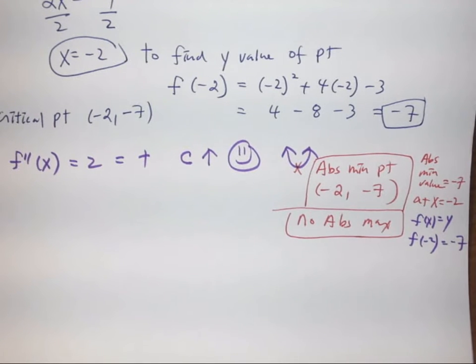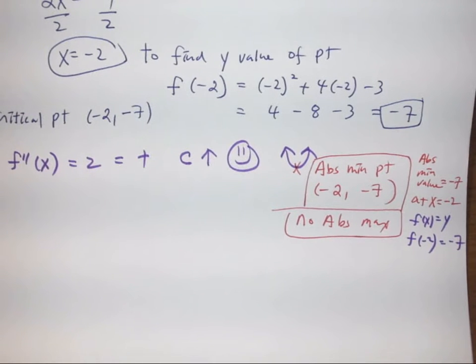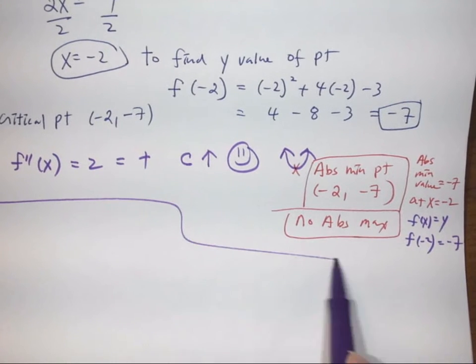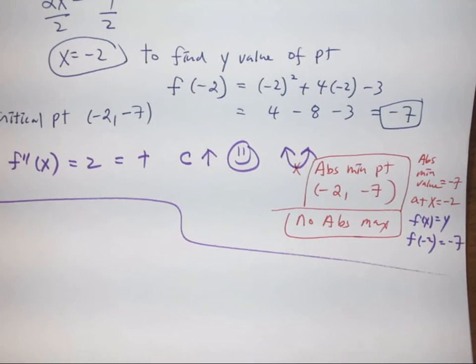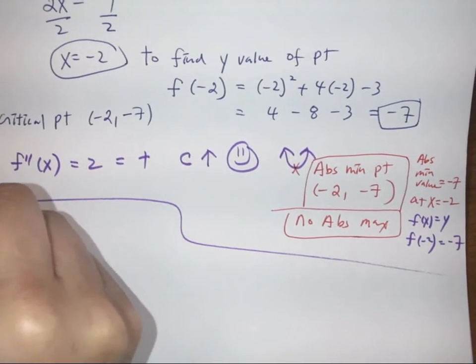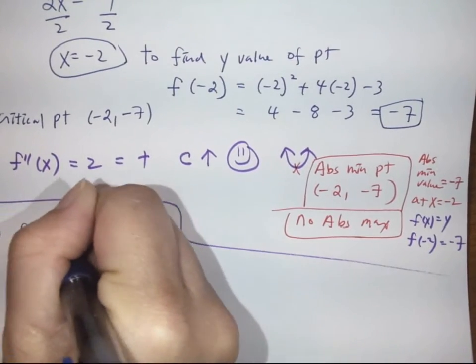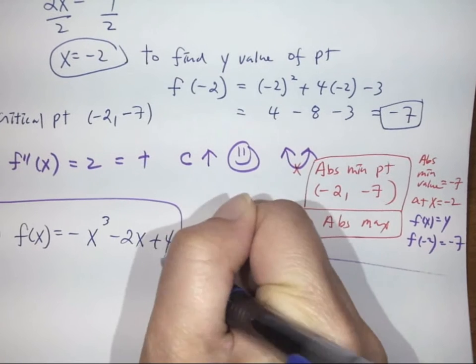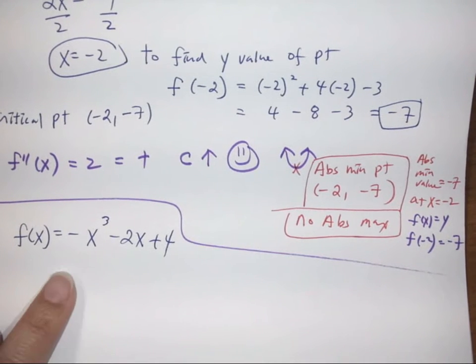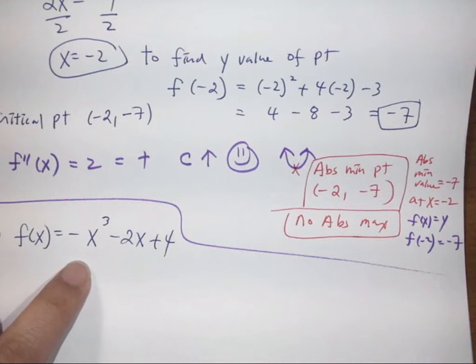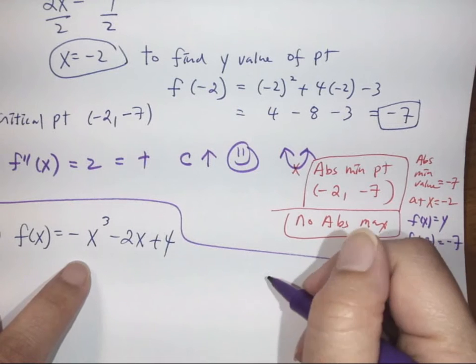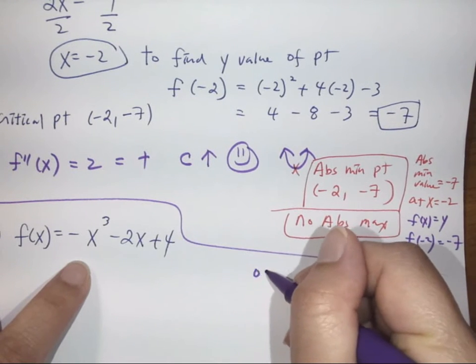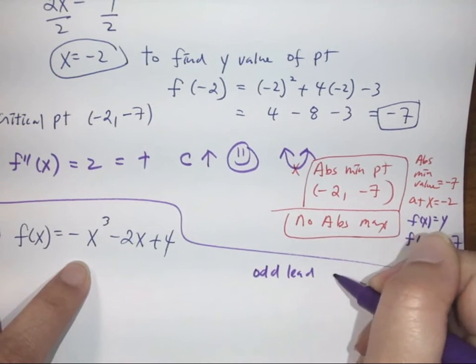All right, so let's look at the second question that we have there. The second one is number 32, which has f of x equal to -x cubed minus 2x plus 4. So this time, let's think about the end behavior. This is what kind of leading power? This is an odd leading power.